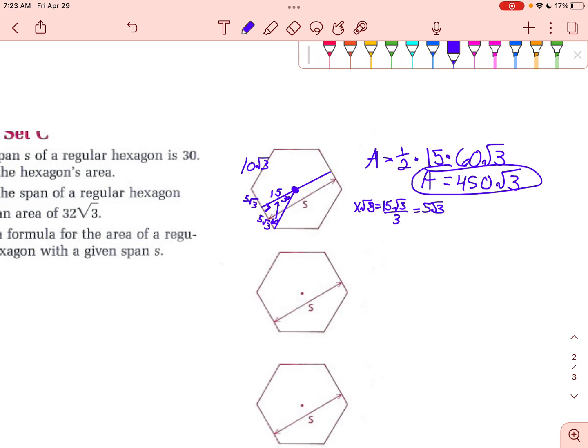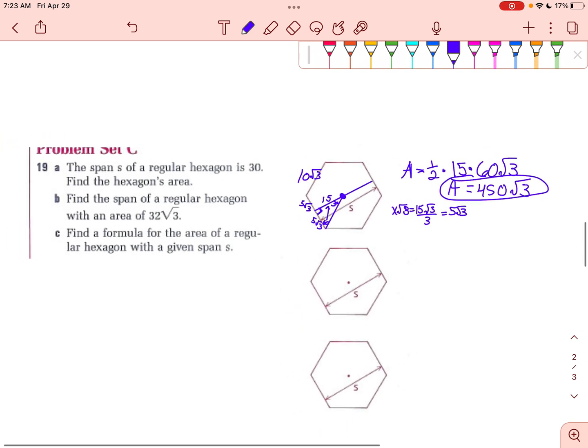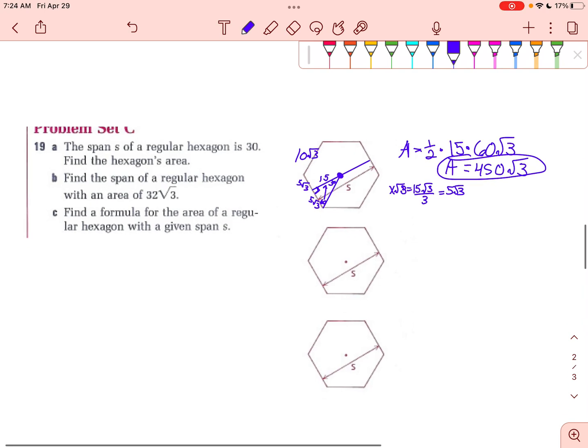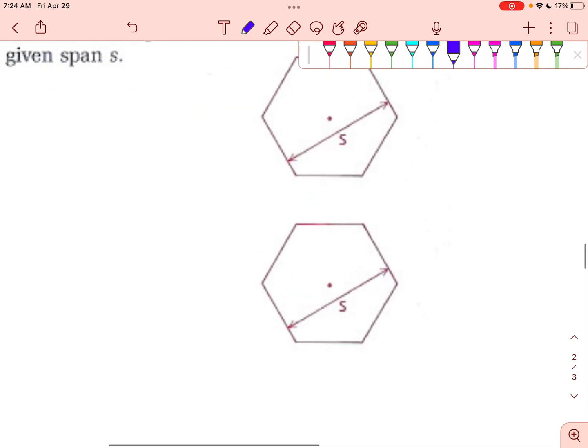Okay? And essentially you do the same thing for all of these problems. So I'm not too concerned with C for you guys finding the formula. I mean, it would be super cool that you understand that the apothem ends up being S divided by 2, right? So whatever S is, this is S divided by 2.